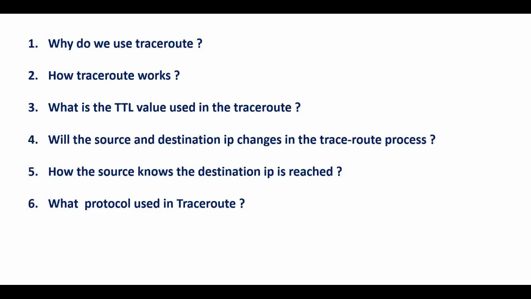So basically the source router from where you are initiating the traceroute sets the TTL value by the traceroute process, depending upon the reply it is getting. So the TTL value is not a constant one. Basically, that keeps changing, starting from 1, 2, 3, depending upon the number of hops in the path.